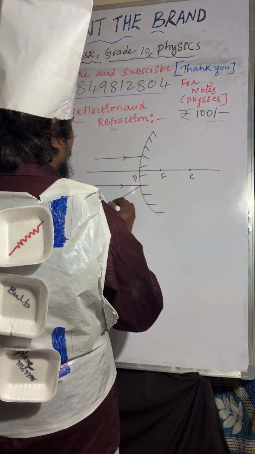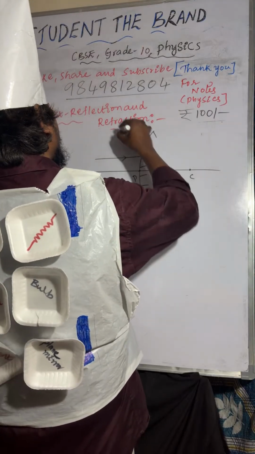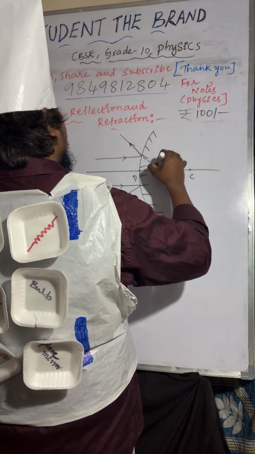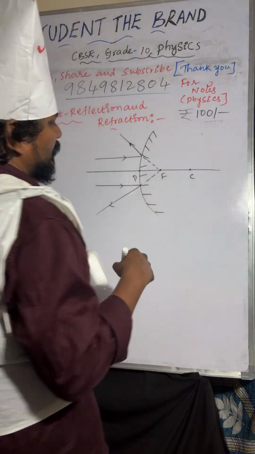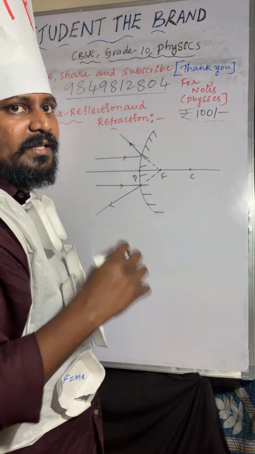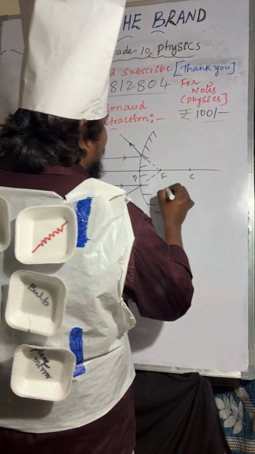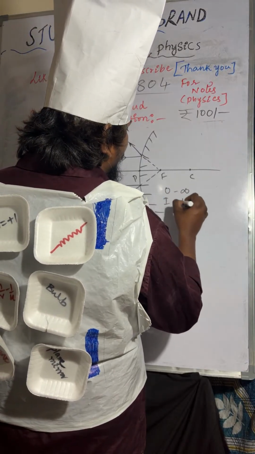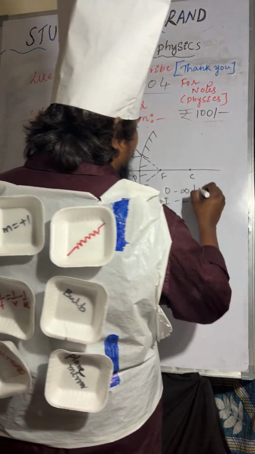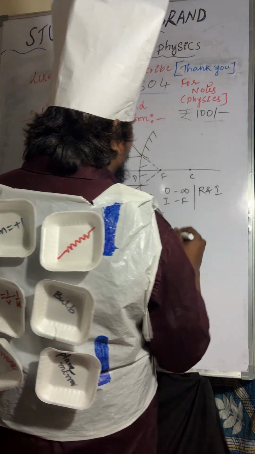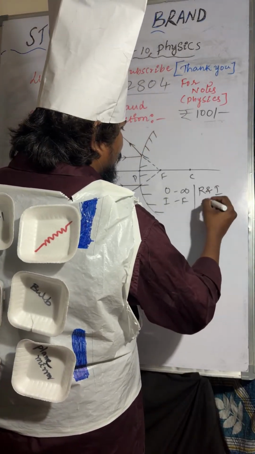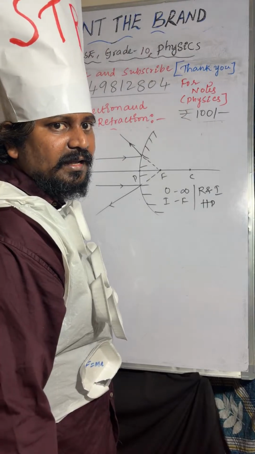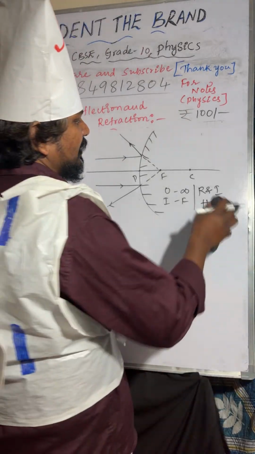After reflection, you can observe that if you extend these light rays, they meet at one point on the principal axis, that is the focus. The object is at infinity, and the image is forming at focus. The nature of the image is, sorry, virtual and erect. In convex mirror we will get virtual erect.